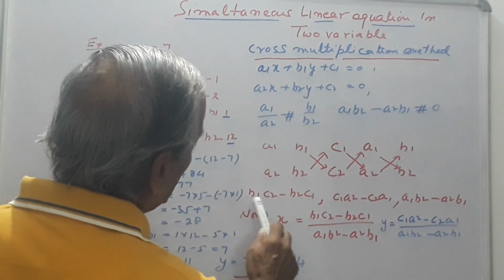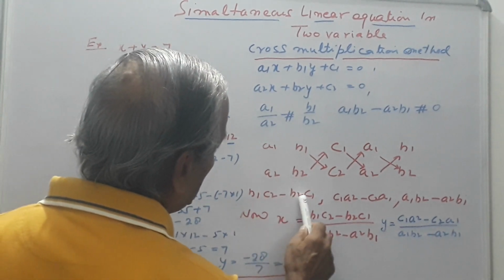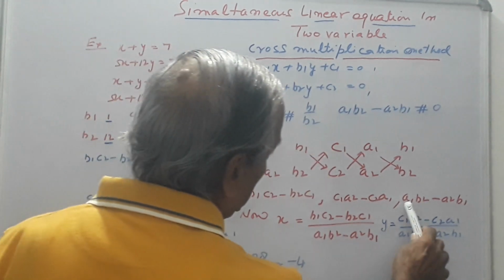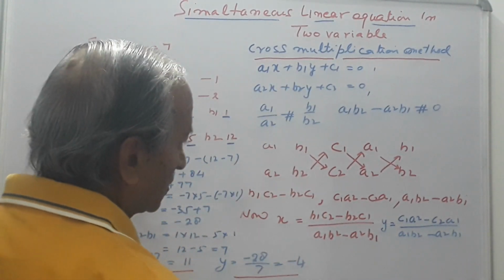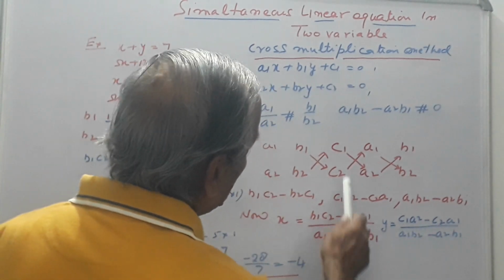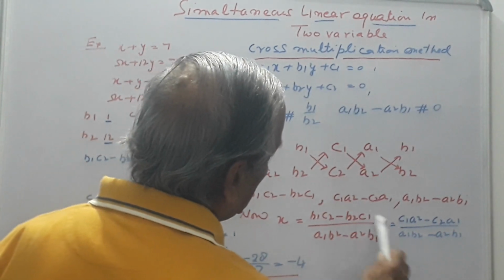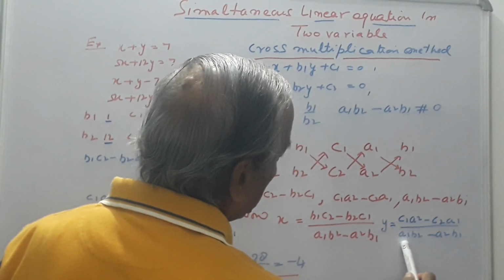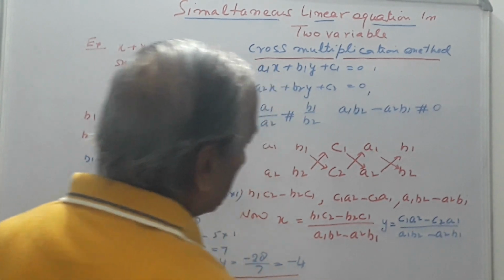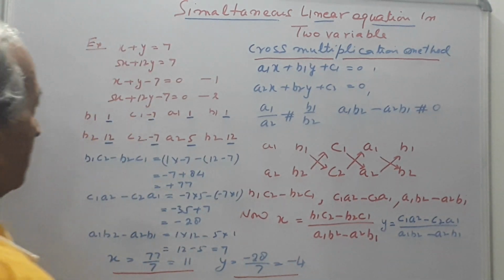Now if b1 c2 minus b2 c1 is divided by a1 b2 minus a2 b1, you will get the variable x, and then c1 a2 minus c2 a1 upon a1 b2 minus a2 b1, you will get y.